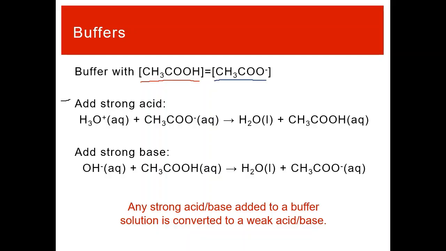You can either add strong acid or add strong base. The idea in a buffer is you added this conjugate pair where you have base and acid in the solution, so there's always something to absorb or react with the strong things that you add.